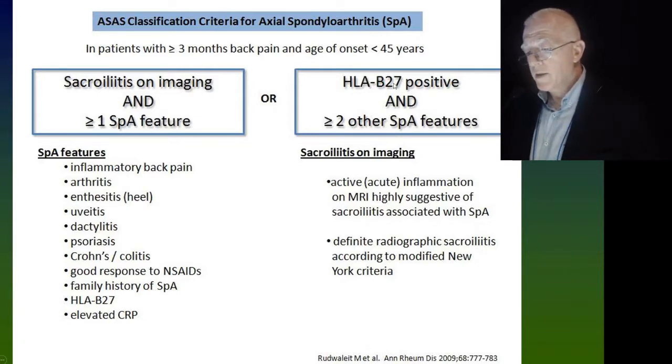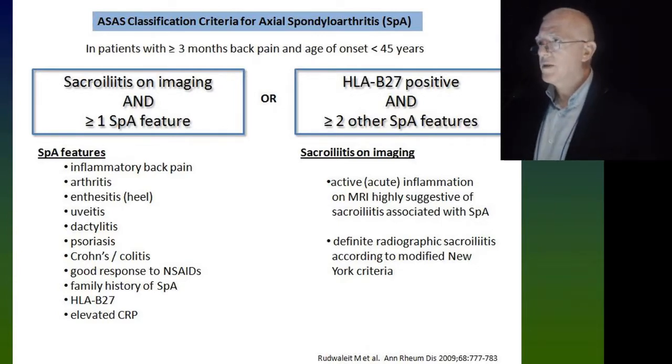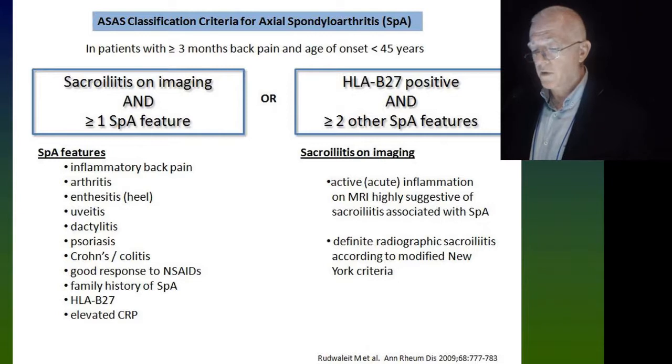The second one is HLA-B27 positive, but with at least 2 of these features. So as you see, imaging is more important than HLA-B27, which has been used for decades in order to assess the seronegative spondyloarthropathies. And what is actually sacroiliitis on imaging?